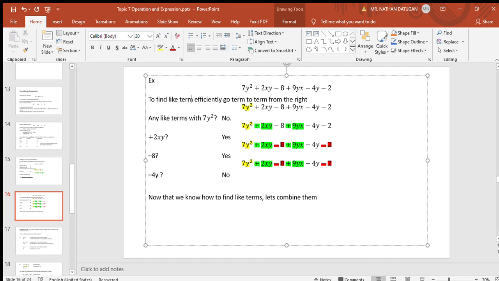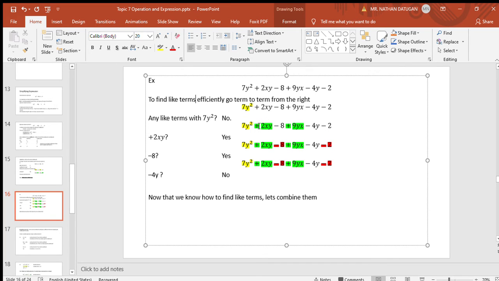We're going to do it term by term. So 7y cubed, is there any like term with 7y cubed? Well, is there any other term with y cubed? No. So that means 7y cubed is by itself.